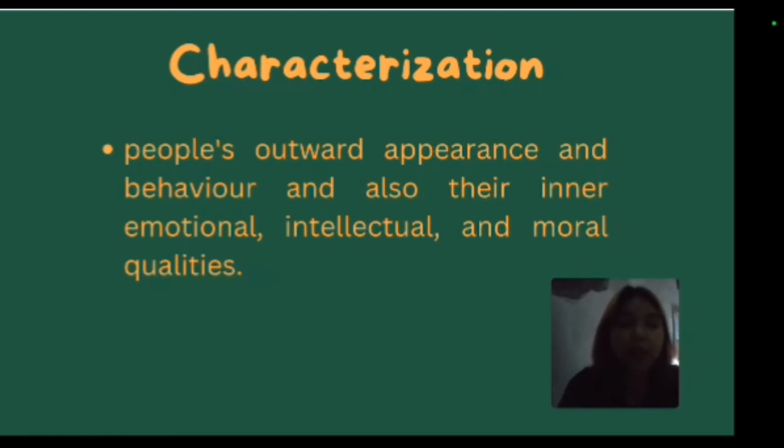We have to identify the characters in order for us to effectively analyze why they act like this. For example, if in a story a man has really an anger issue, we have to dig in further and deeper.